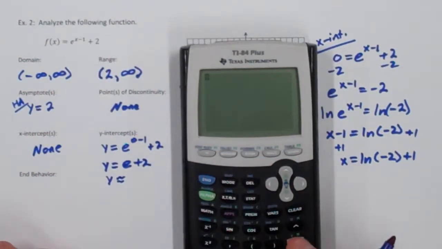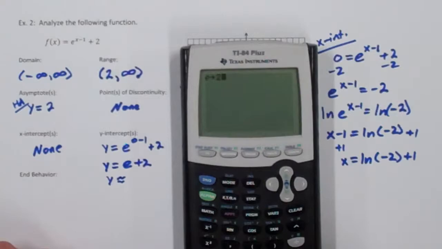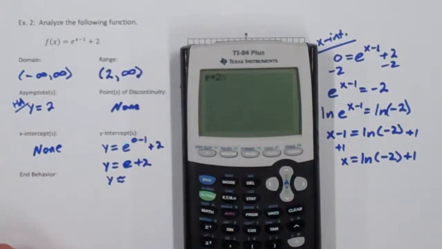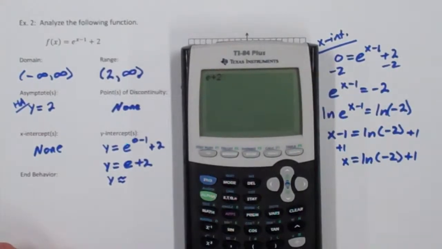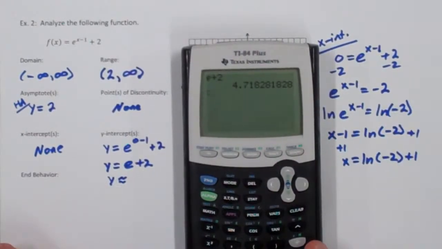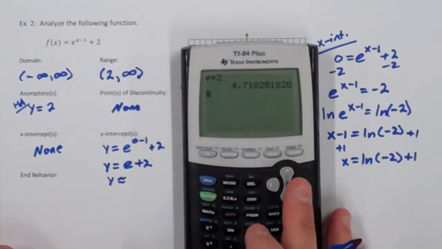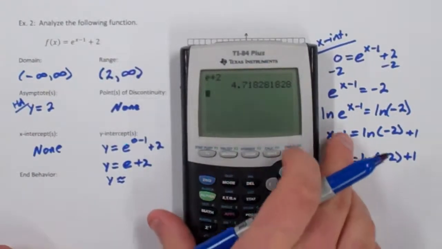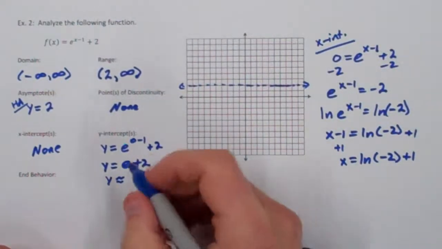So we could go to our calculator, type in e plus 2. I'd highly recommend just using the value that's stored in your calculator, just like you do with pi. They're not the same number, of course, but they're similar. Pi stands for a value, and so does e. And if you type that in, you've got 4.7, and it keeps on going. This one, I think, for us to be useful in graphing, let's round to the nearest tenth. So we'll go about 4.7.